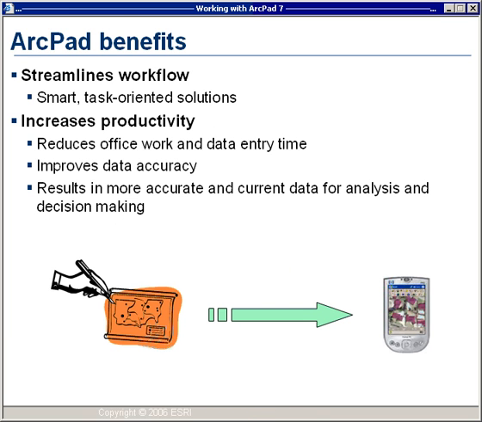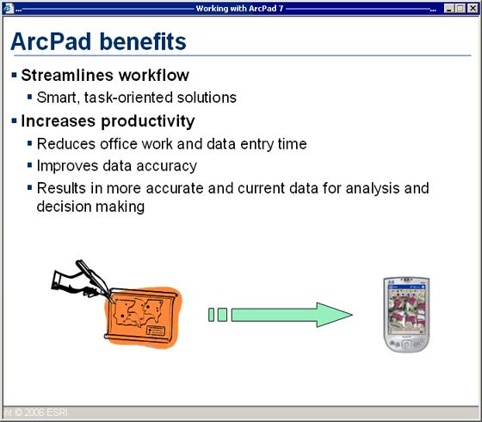Traditionally, paper maps are what is used in the field by mobile workers. Field edits were performed using sketches and notes on these paper maps. Once back in the office, those field edits were then manually entered into the GIS database. The ArcPad workflow, as outlined before, has enormous productivity gains.